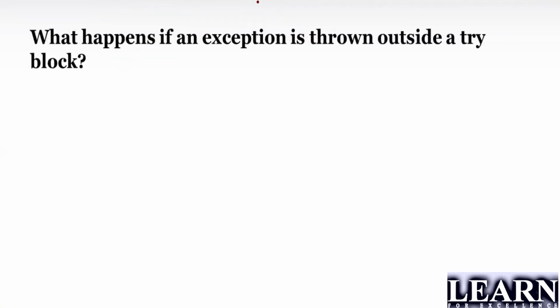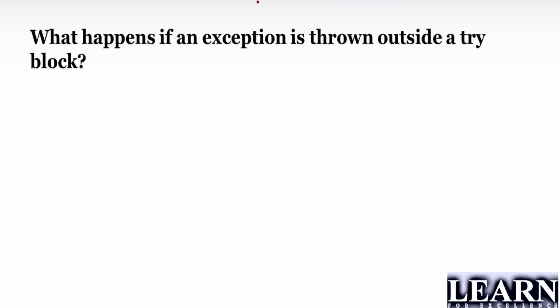What happens if an exception is thrown outside the try block? I've told you exceptions can be handled when written inside the try block. If the exception is thrown inside the try block, that can be handled.